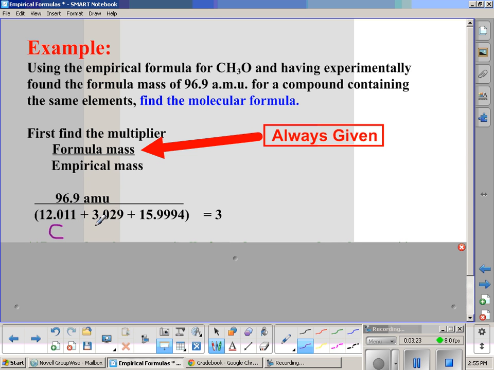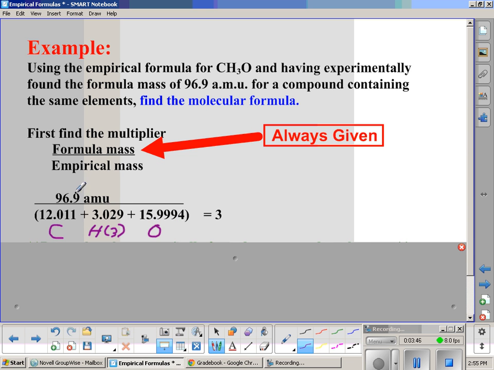The mass of a hydrogen, and we have 3 of them in our formula up here, so I'm going to go times 3. And I'm going to add that to the mass of an oxygen right off the periodic table. So I add all of these together, and it comes to about 31 or so.